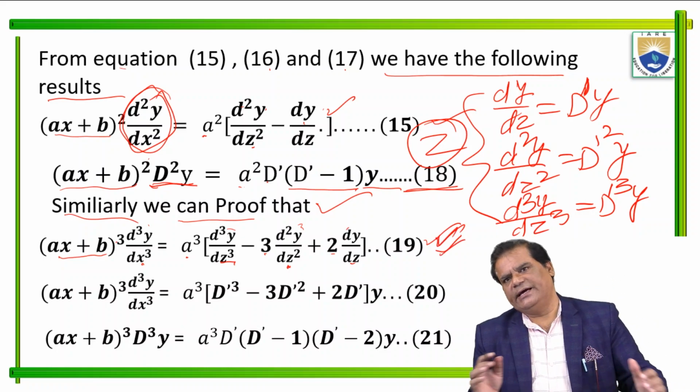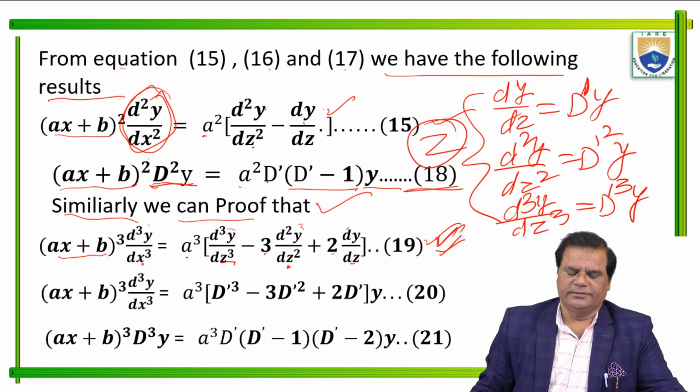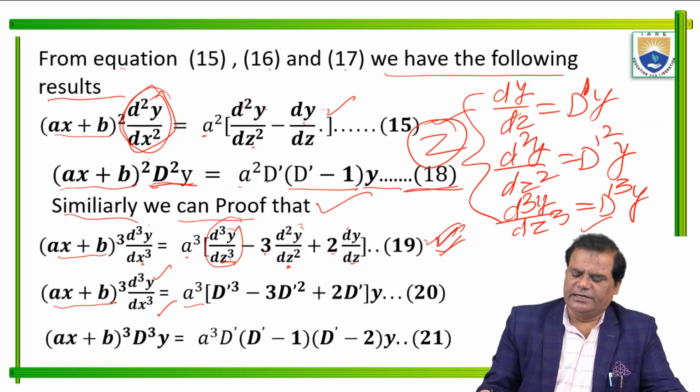If you want to prove it, you can prove it easily. So (ax+b) whole cube d cube y over dx cube equal to a cube [D dash cube minus 3 D dash square plus 2 D dash] y, with y common here.